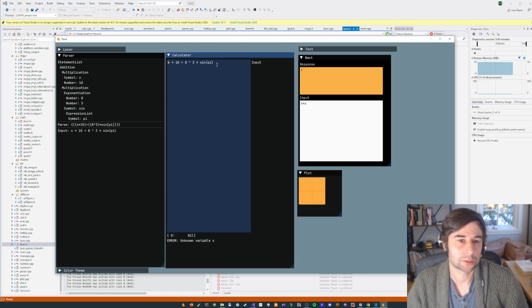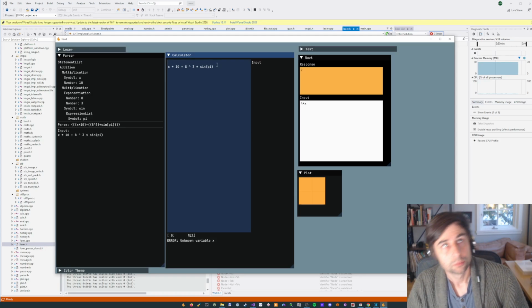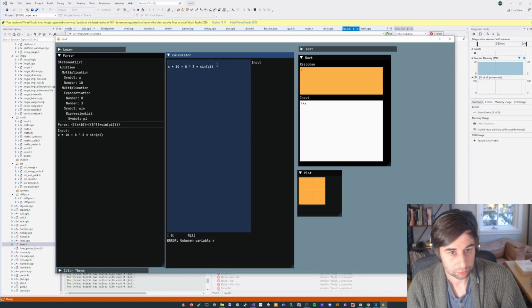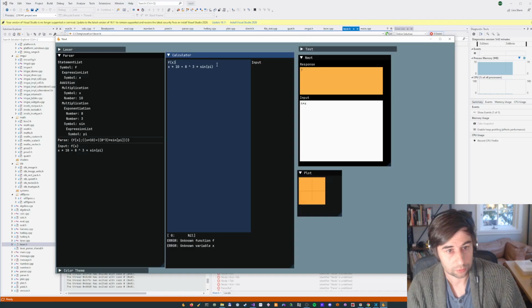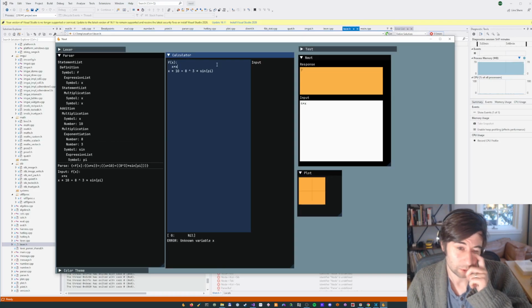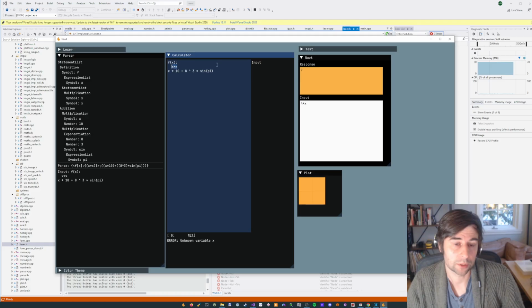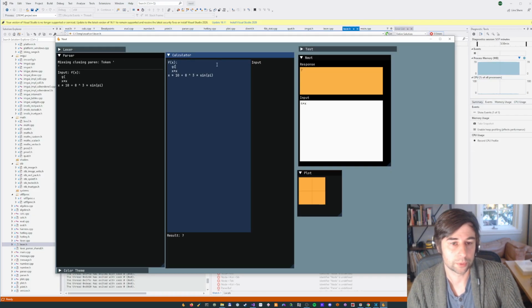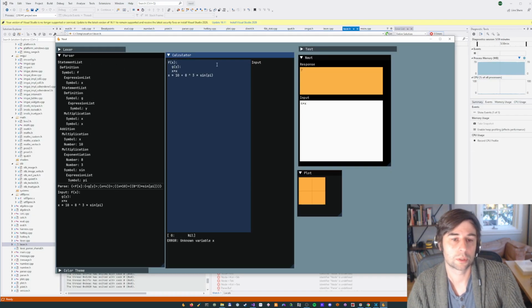Where it gets trickier is if you can define functions like that, and the way that works is the last statement of the function is what's returned, so you can put them on the same line or on different lines. And where it gets a little more tricky is you can define nested functions.